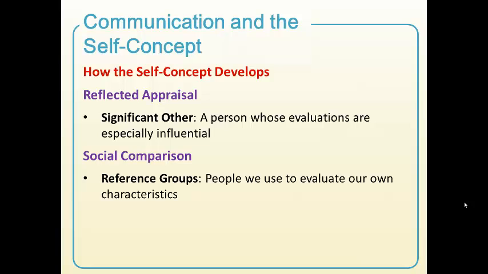What reflected appraisal means is that we appraise ourselves. We give value to or see ourselves as we are reflected in the eyes of others. So a way of looking at that would be if a child looks to a significant other, so that's a really important person in their life, someone whose evaluations of them are influential or have a lot of meaning, so perhaps their mother.